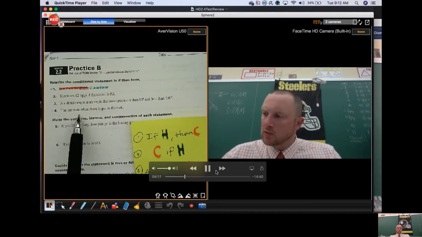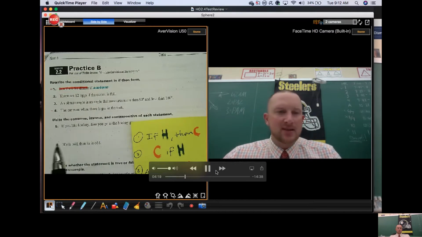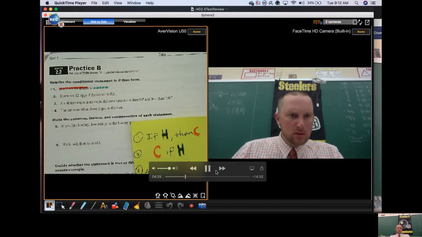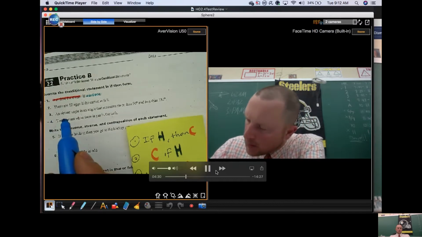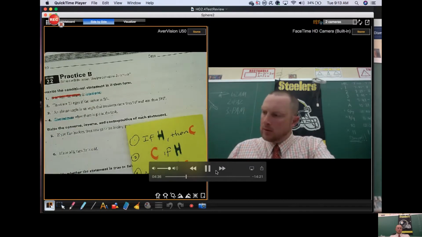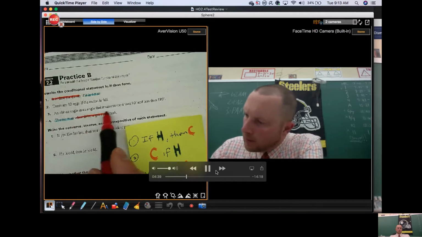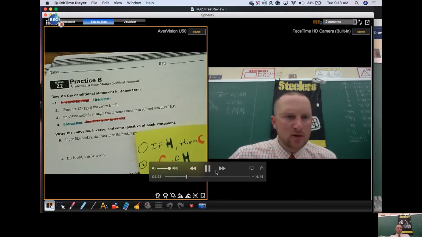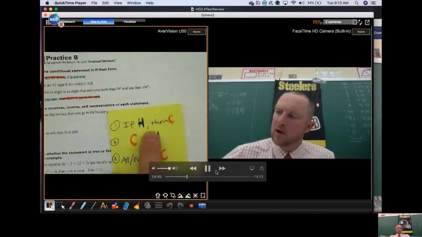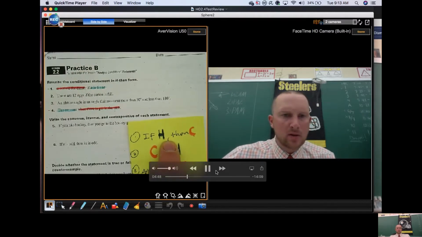Number 4, the car runs when there is gas in the tank. Notice how there is no if and there is no then. Identify your hypothesis and the conclusion, and then turn it into a conditional statement.